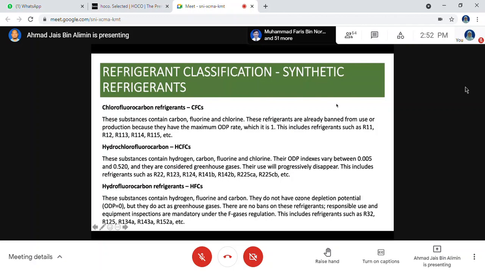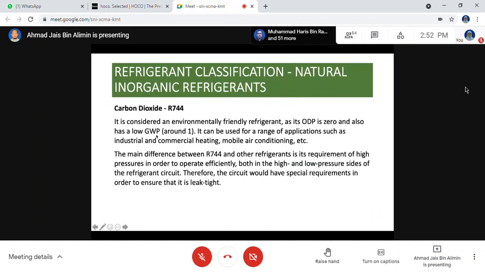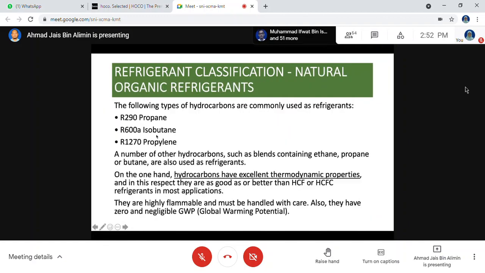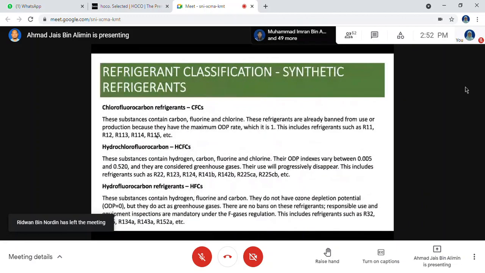Each of these refrigerants, starting from the natural, the organic, inorganic, has a different code and so on. Okay, R744, R717. Okay, for this one R290. R stands for refrigerant. Same if you're dealing with CFC until HFC, they also carry the same letter R for refrigerant, but different coding. Okay.